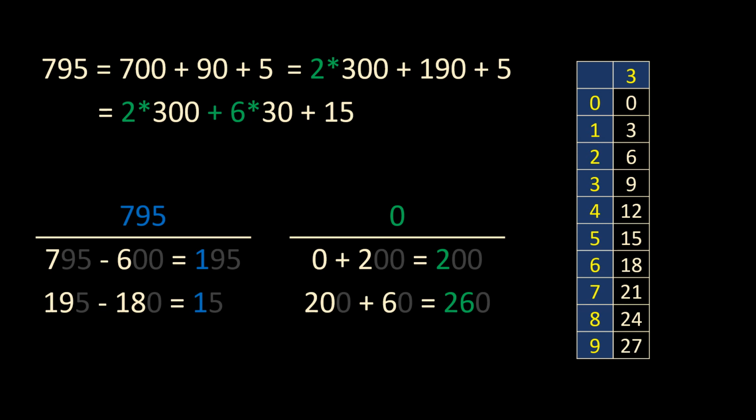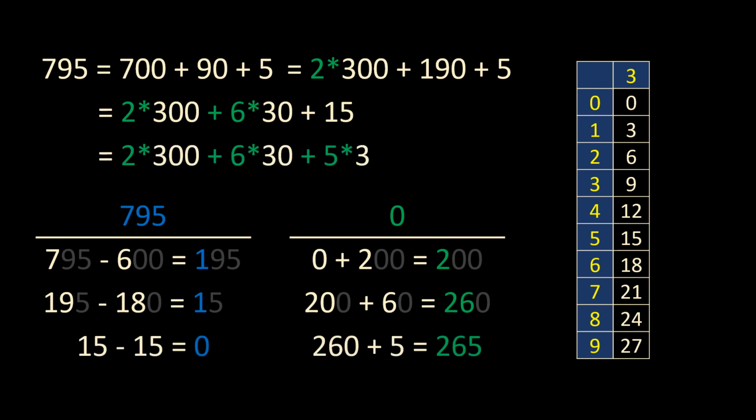Finally, the largest multiple of 3 we can subtract from 15 is 15, which is 3 times 5. So we subtract it and add 5 to the answer. We managed to reach the final answer, which is 265, in only 3 steps.